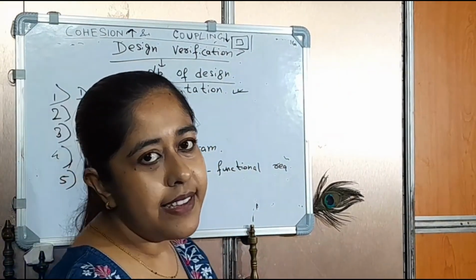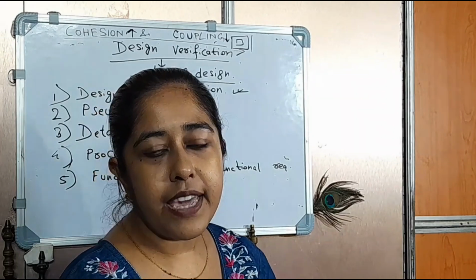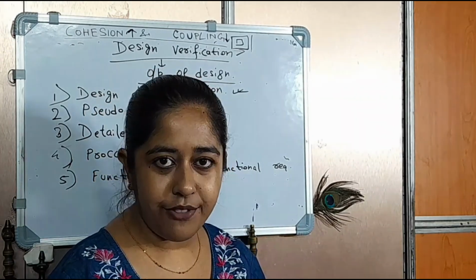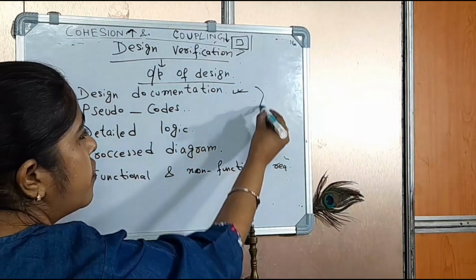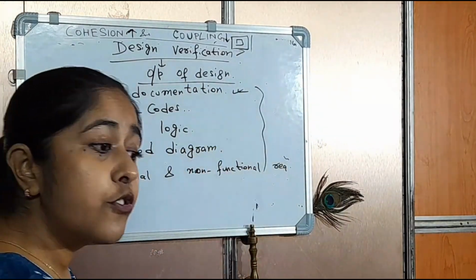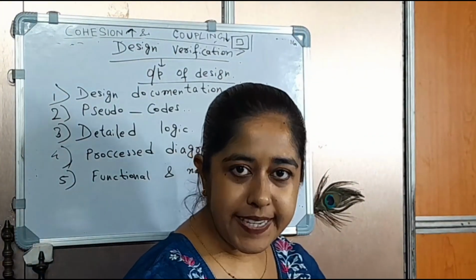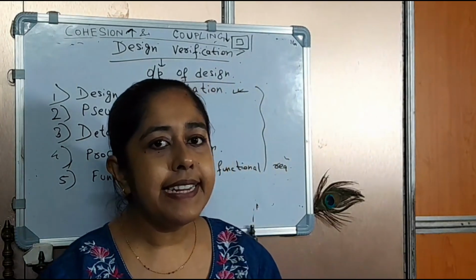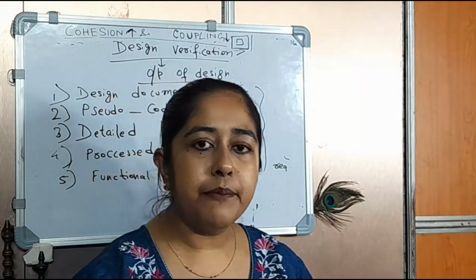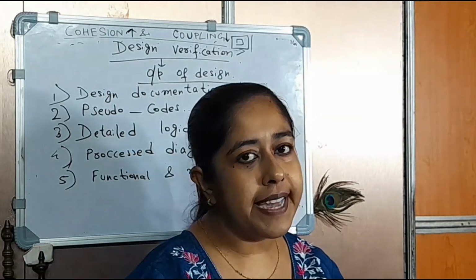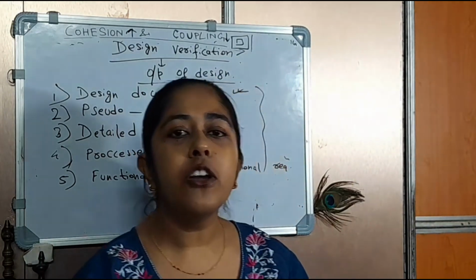Now it is cleared in this class. When you have completed your designing phase, after completion these are the things you are going to give to the customer, or you are going to verify by your development team, to check whether my design is correct or not. These are the outputs of your designing phase which will verify your design.